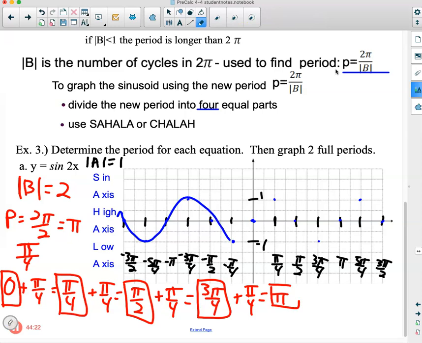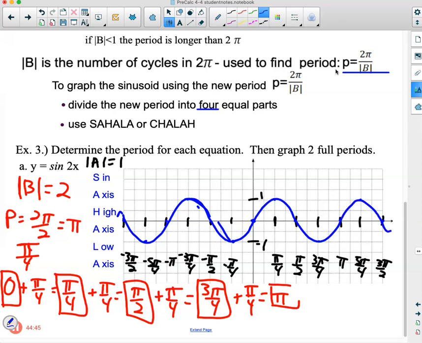Oh, missed my 0. Trying to make sure it's not looking like Charlie Brown's shirt. Come on, move back. Looking like so. So there's our first change horizontally.